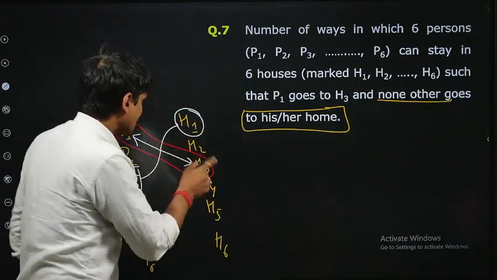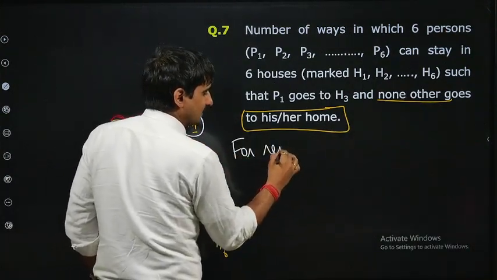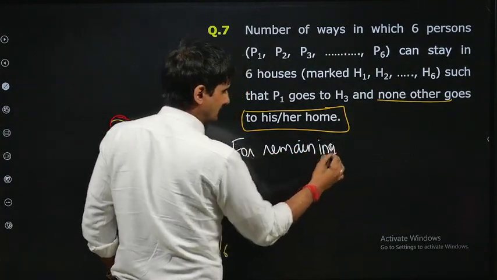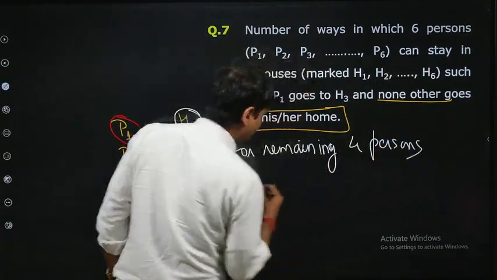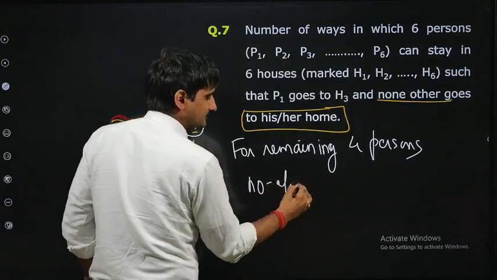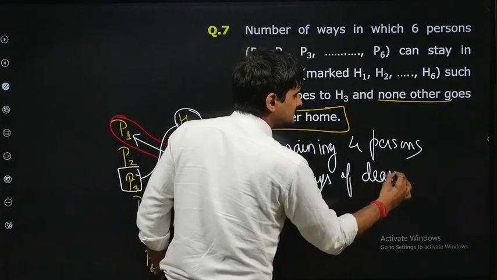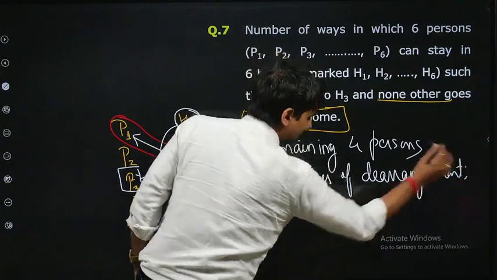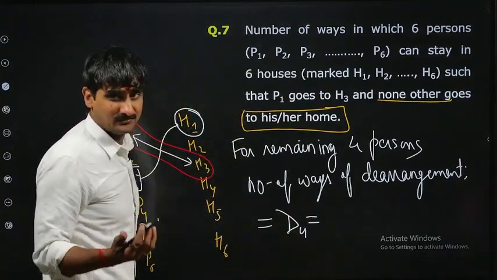Now, in that case, for the remaining 4 persons, in how many ways? I am sending person 1 to house H1, so for the remaining 4 persons it is the number of ways of derangement, that's your D4. Derangement for n objects is Dn.